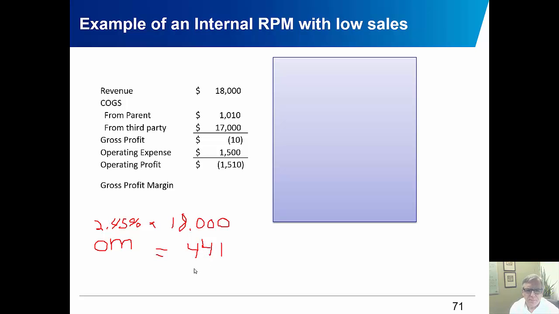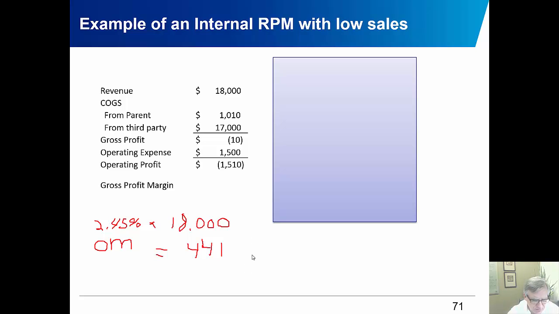Well, 441. If an IRS agent showed up and said, you've got related party transactions and you should have made a profit of 441, and you say, well, I had a loss of 1,510, to make an adjustment that would actually get me in the range, I'd have to make an adjustment somewhere in my expenses. And the only one we're talking about here is the related party expense.